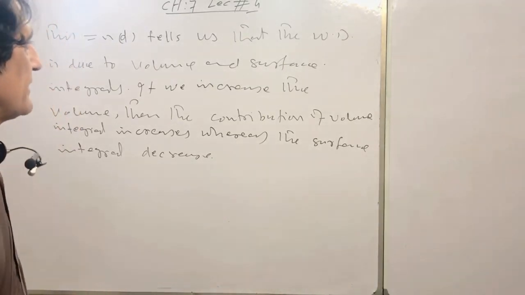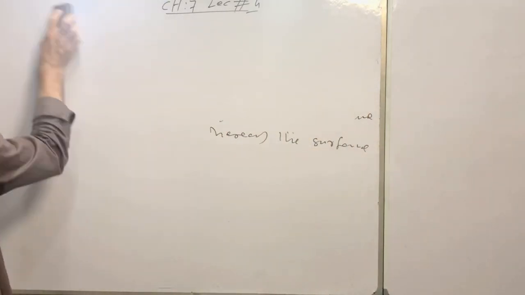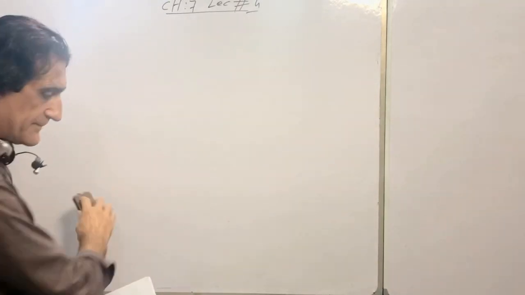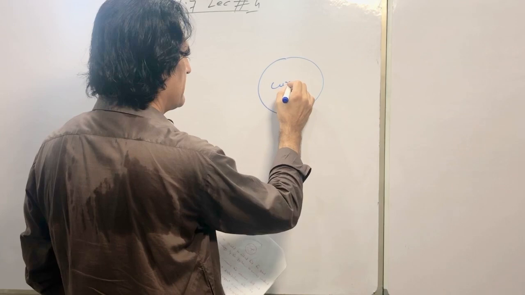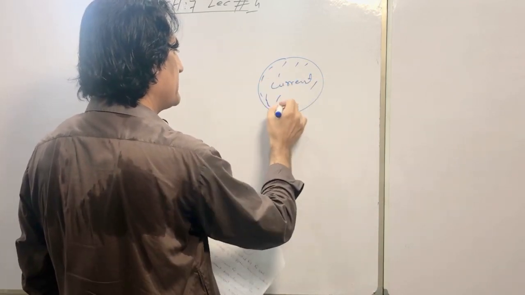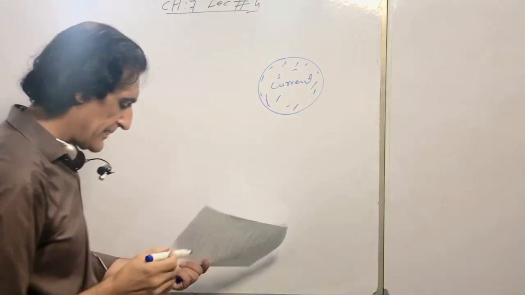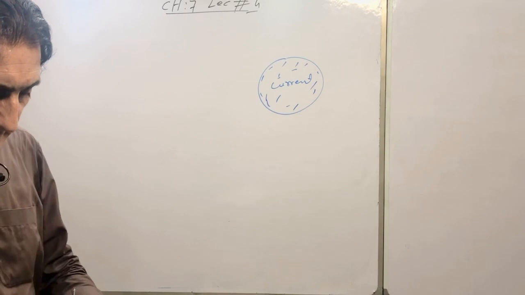So let's see, I want to explain this point. Let's consider we have a surface current distribution, some current distribution on this surface area.